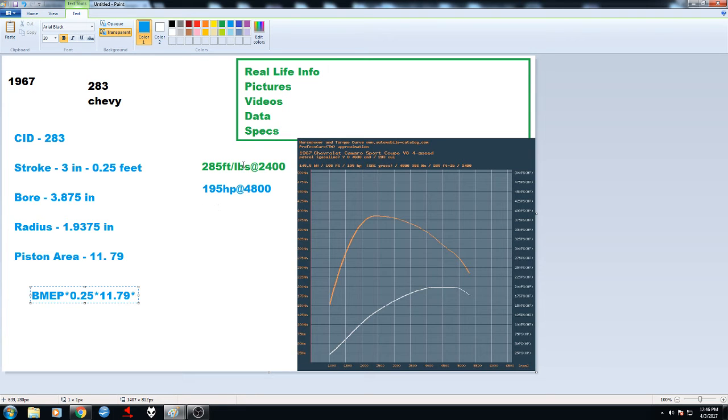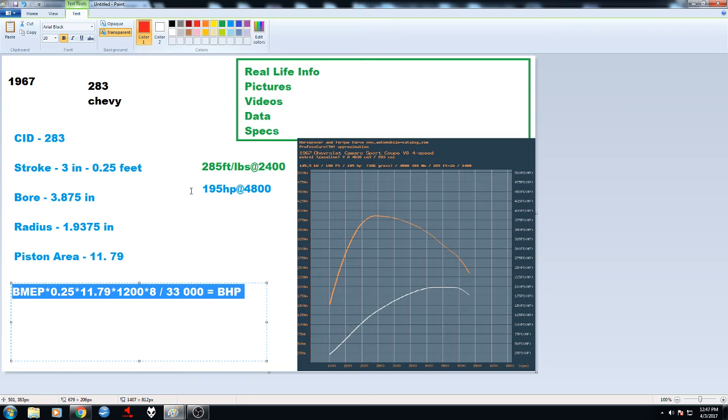At this time, let's say 2400, half of that will equal 1200 RPM. 1200 RPM times the number of cylinders, 8. All that gets divided by 33,000, and that equals our brake horsepower at a given RPM for this engine.